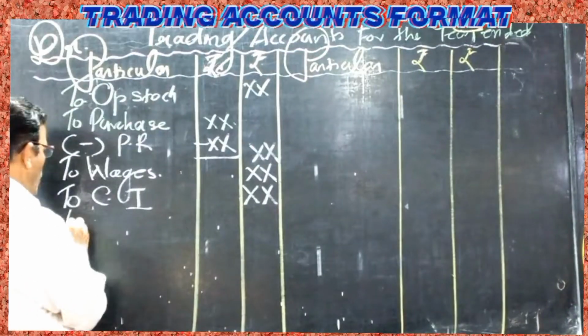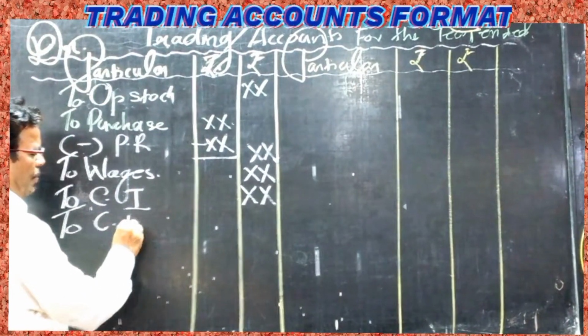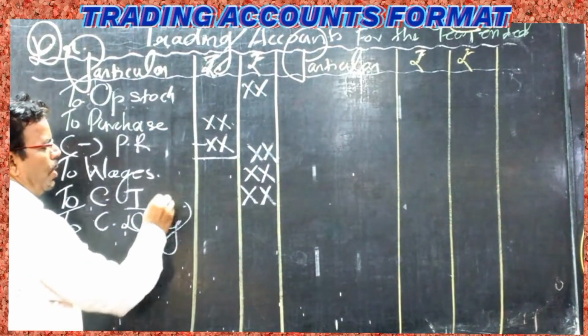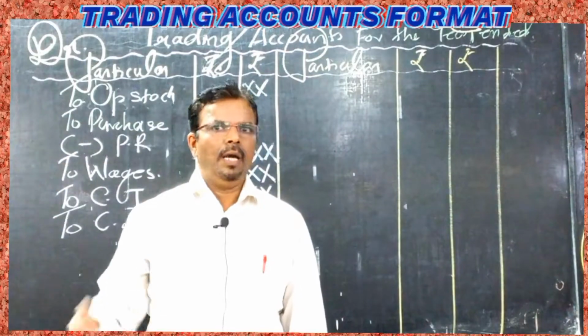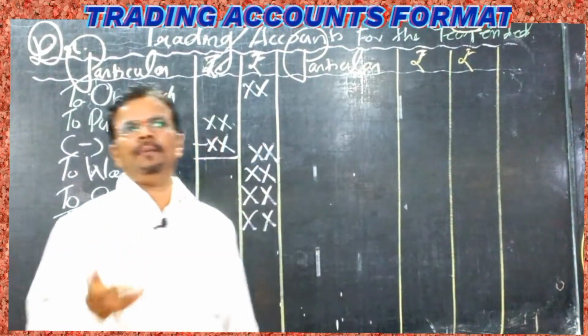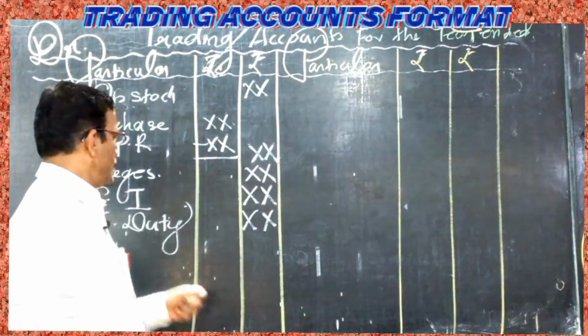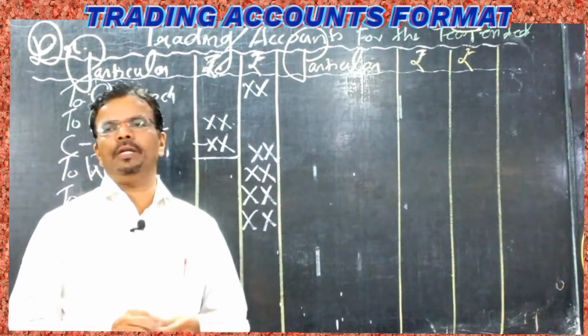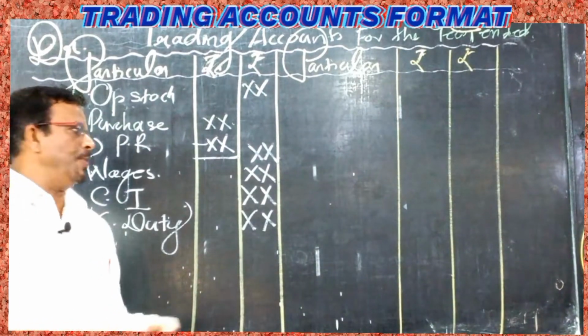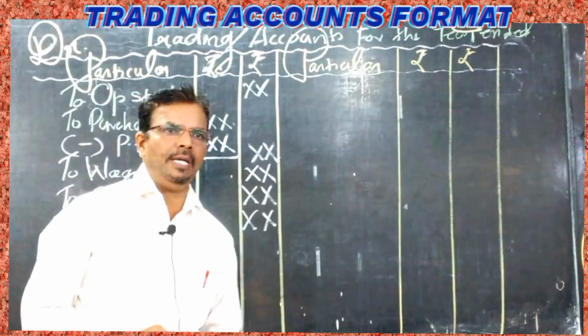After that, we have the customs duty. Sometimes we purchase the raw material from outside the state, and at the border we pay some toll. That is called customs duty. So this is also included in the trading account debit side because it is a direct expense.